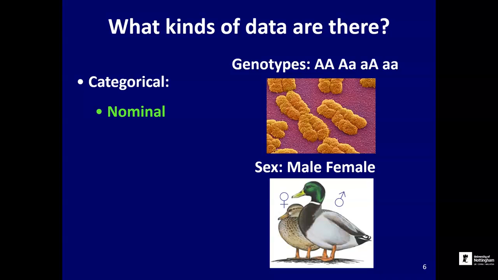We might denote the dominant allele capital A and the recessive allele little a, and so we might write down the genotype of a diploid individual in the following form: AA, or capital A little a for a heterozygote, or little a little a for a homozygous recessive individual. Okay, so these are nominal data, and we could write them down for lots of individuals, and hey presto, we've got a data set.